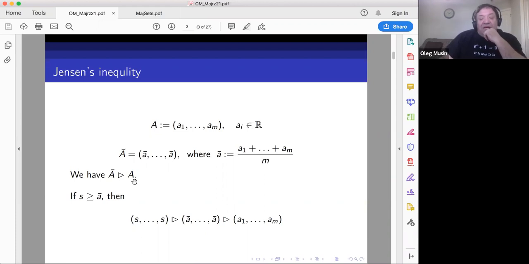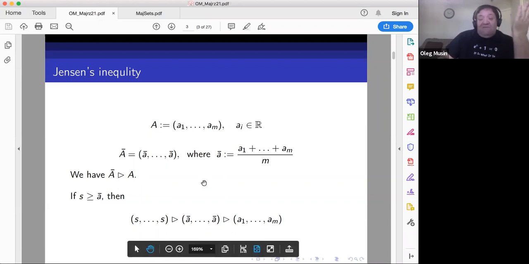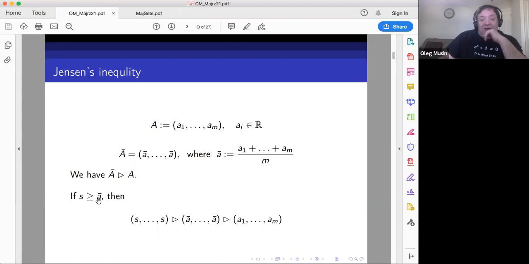Moreover, here we have equality, because we have A and A bar, and the sum of the elements is equal. But we can also have no equality. Consider any S greater or equal to A bar.